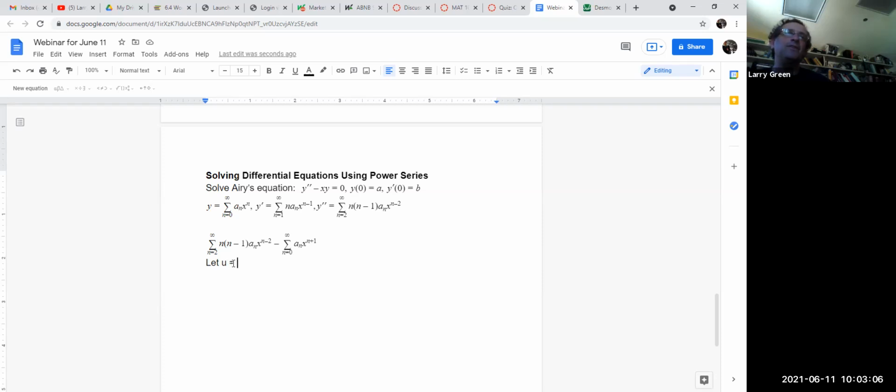So maybe I'll write it this way. We want n - 2 to be equal to u + 1, and that way I'll get the u + 1 power. Any questions? So if I want that, then u is going to be equal to n - 3. Any questions on that very basic math, but it's kind of tricky to come up with the idea?